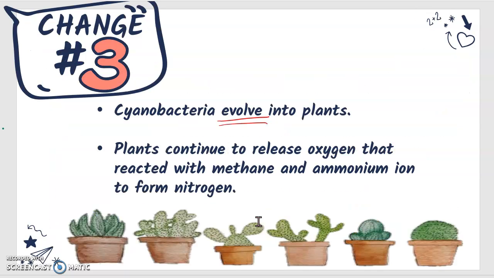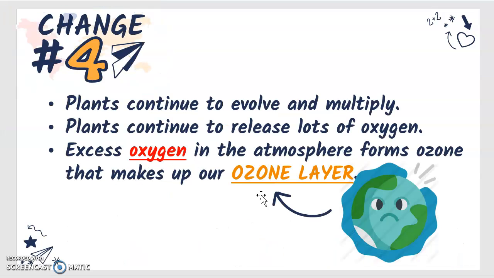What comes next? These cyanobacteria evolve into plants. Plants continue to release oxygen. Going back again to our natural phenomena, we now have nitrogen, oxygen, and carbon dioxide as gases in the atmosphere.